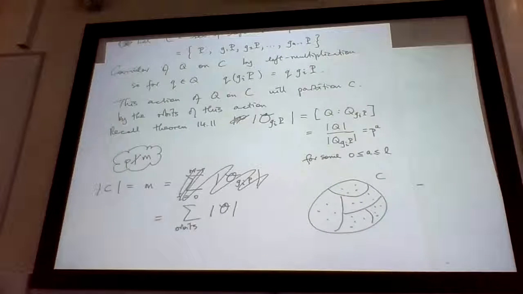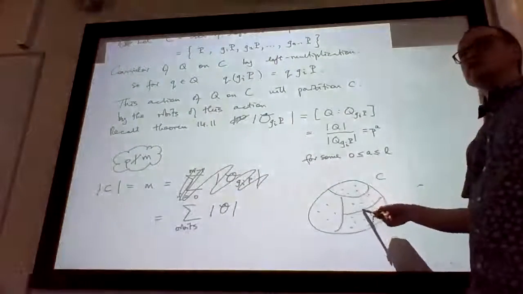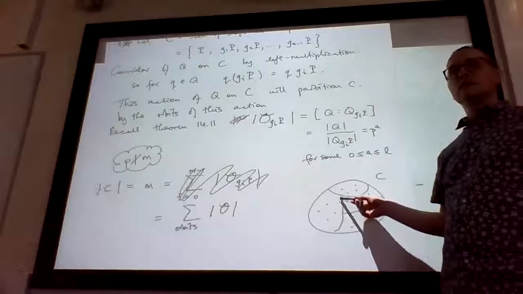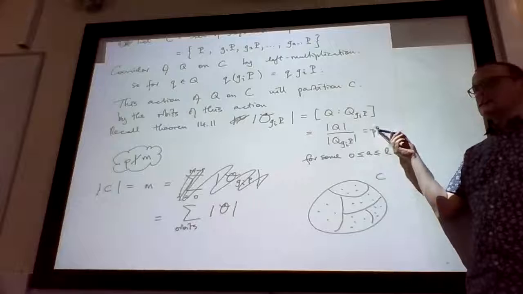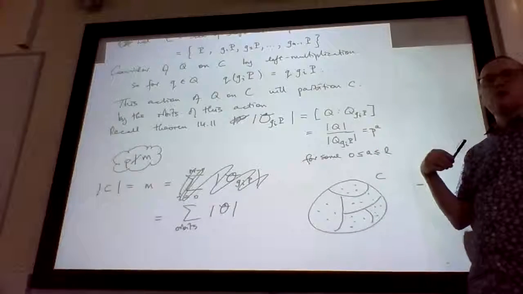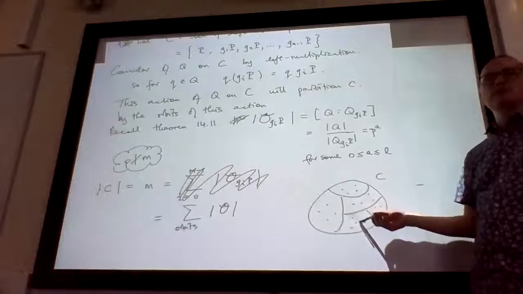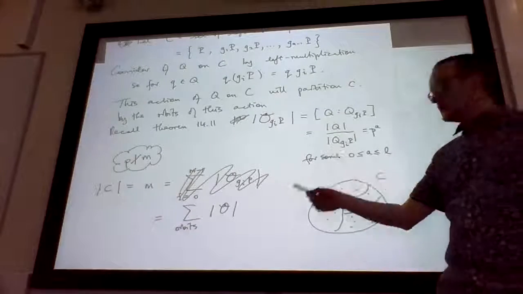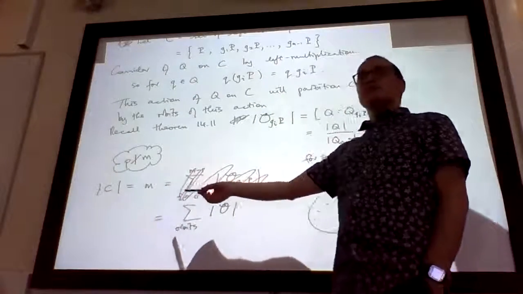And that tells us something about at least one of these orbits. You see, if all of these orbits were non-trivial, if they all had size bigger than 1, that means they would all have to have size a genuine power of p, like p or p squared or p cubed. That means each orbit would have size divisible by p, which would imply m was divisible by p.